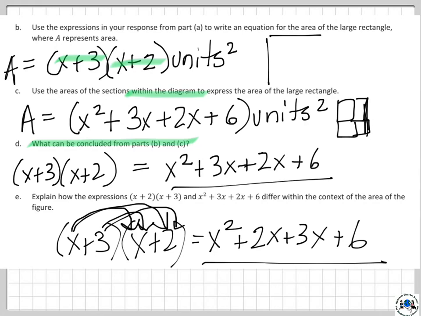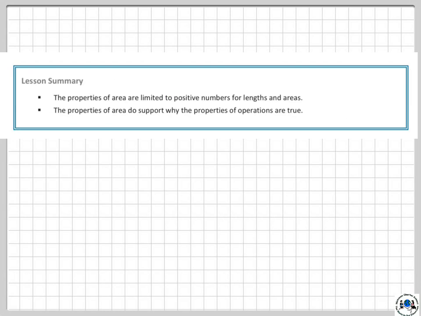These have just been moved around, but it doesn't make any difference value-wise for those two expressions. So you can see we have proven that this equals this by using the distributive property. And that is really the fun part, I think, of algebra.